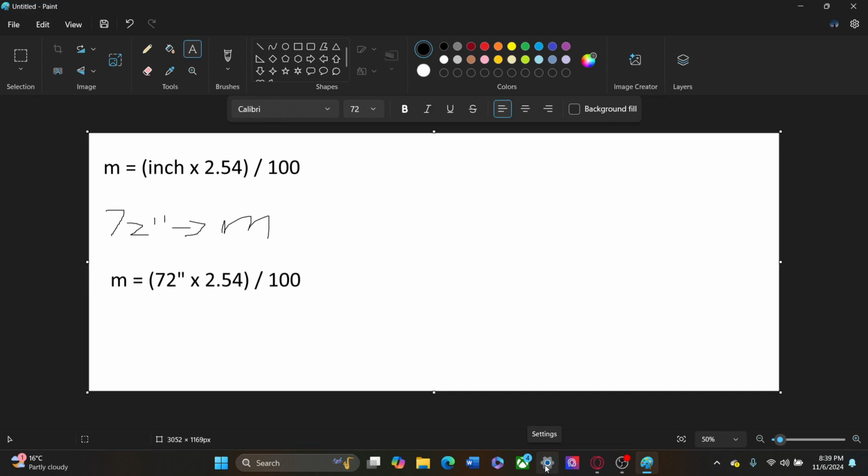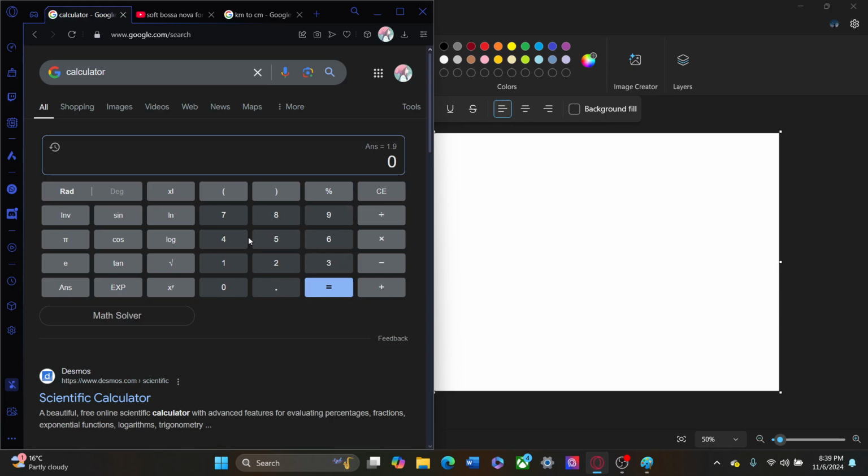72 times 2.54, divide that by 100, okay? So the way that would look in a calculator is just simple. It's literally just showing 72 times 2.54, end bracket, divide that by 100.